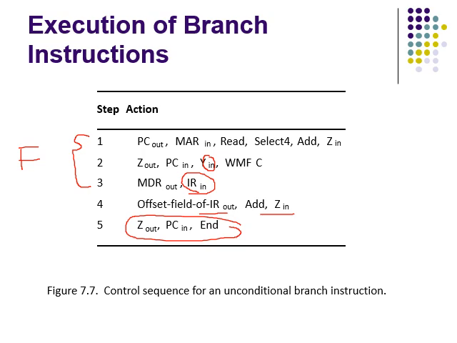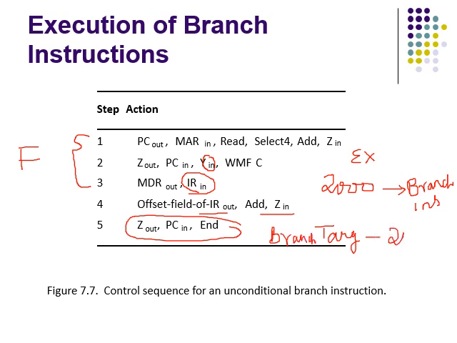For example, assume that the branch instruction is at location 2000, and the branch target is at 2050.